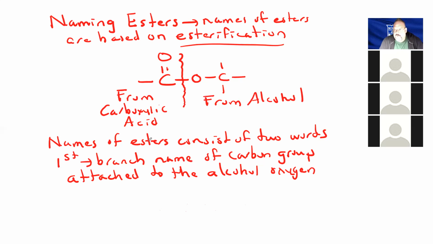When they ask you those questions, I just count them as bonus in the homework. I don't know why they throw them in. They don't really talk about it too much. But from my perspective, I'm limited to what I can ask you in terms of the carbon group attached to the alcohol oxygen, because the branch names that we know are methyl, ethyl, propyl, and isopropyl. The carboxylic acid portion, I have a little bit more flexibility with.